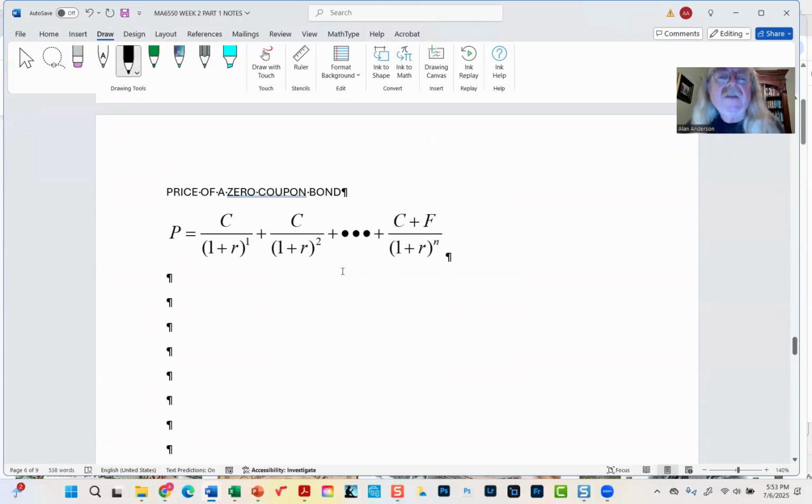So you can see that every year we get a coupon, except in the last year end, we get both a coupon and the face value.